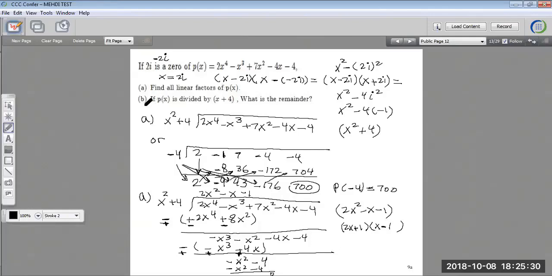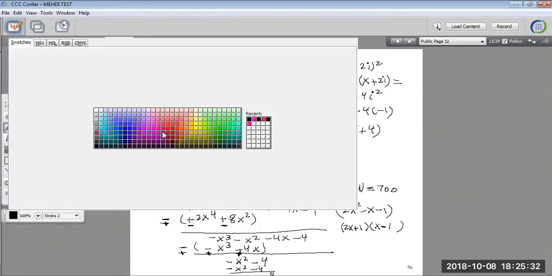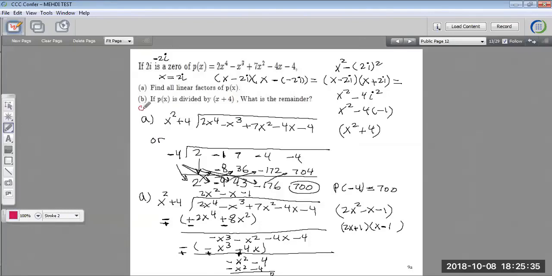Let's use a different color here to bring this up. So for part A, the factors that we have is x minus 2i. That's one factor. The other factor would be x minus minus 2i, so it would be x plus 2i. And the next factor we find was 2x plus 1.